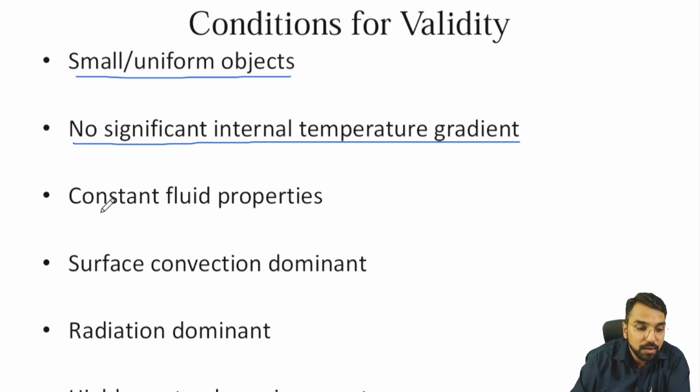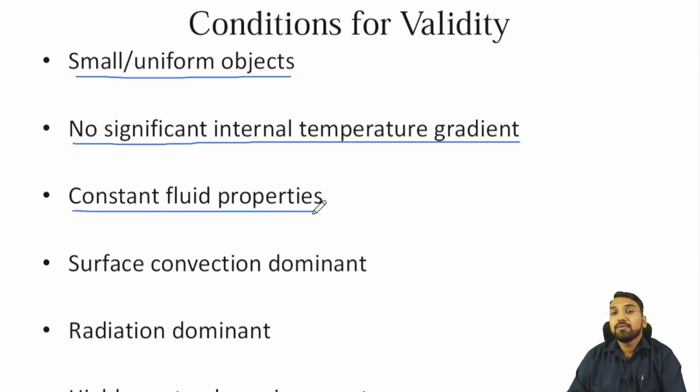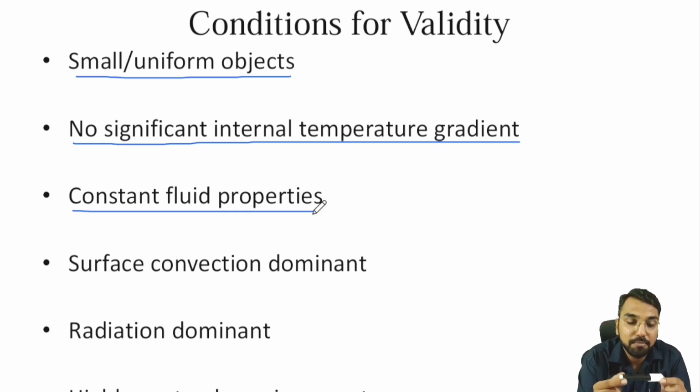The third condition for validity of Newton's law of cooling is constant fluid properties. Why is it so? Let's take this metal piece as an example and consider it to have three sections: first this, second the middle one, and last this one.